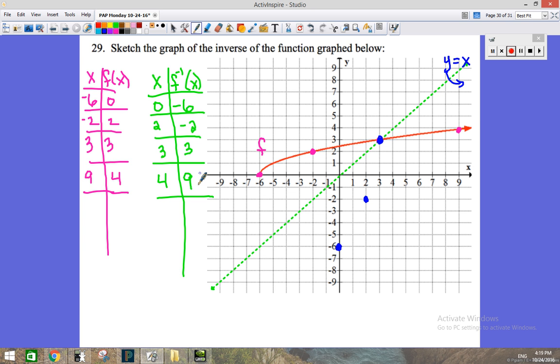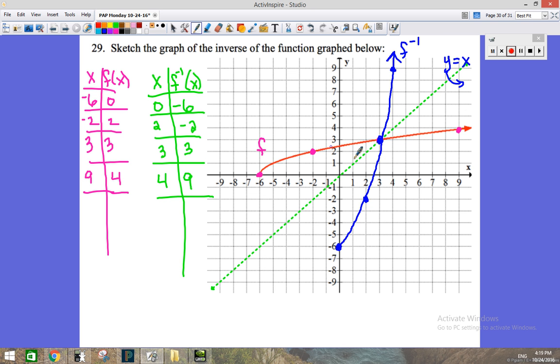And then I've got (4, 9), which is up here. So if I just connect the dots, you can see that the red graph that was given is a reflection across the line y equals x of this blue F inverse.